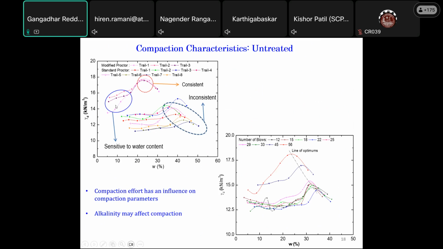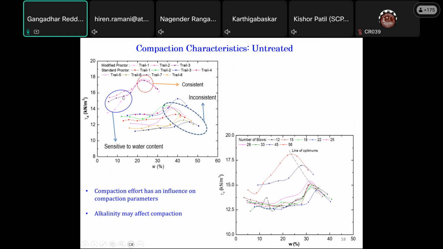They changed whether it is oven dried or air dried, and after treatment they observed how the red mud behaves. But I did not work on the neutralization after that for the compaction characteristics. We observe that there is some kind of inconsistency because of the Proctor compaction test.